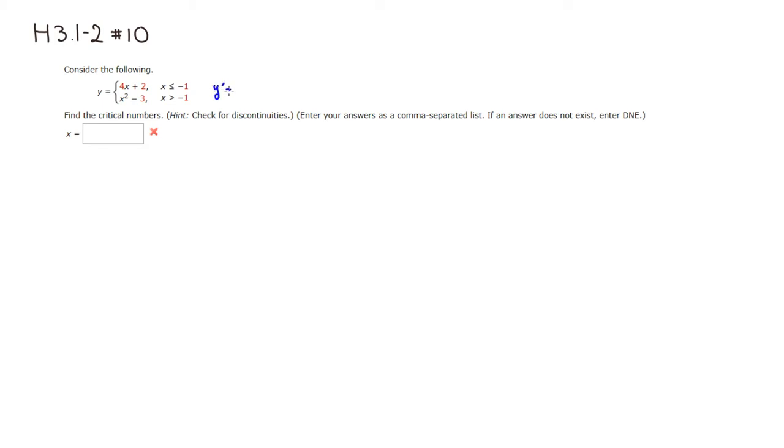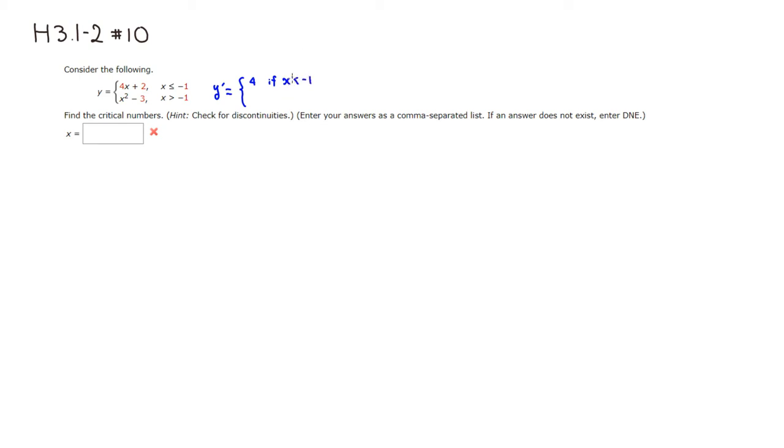So f prime is equal to, the derivative of 4x plus 2 is just 4, if x is less than -1.